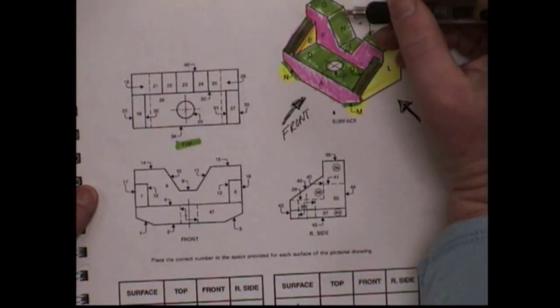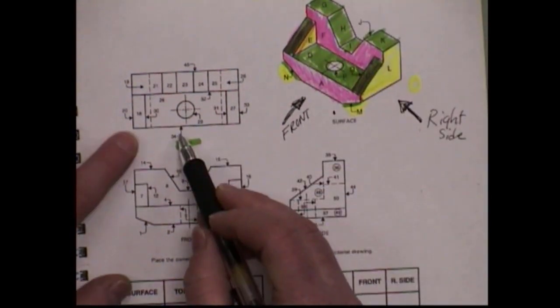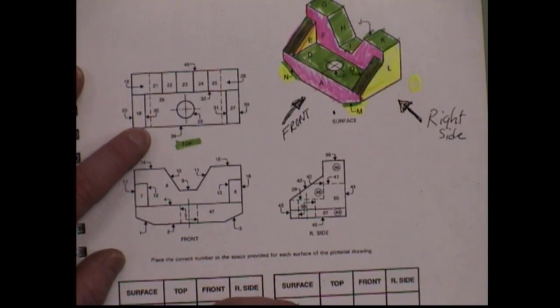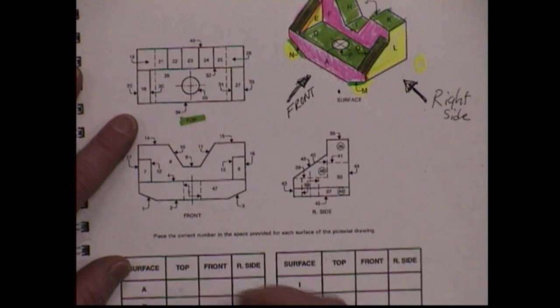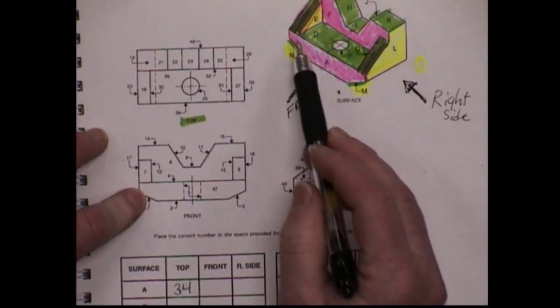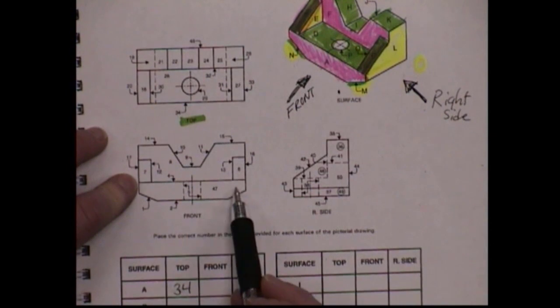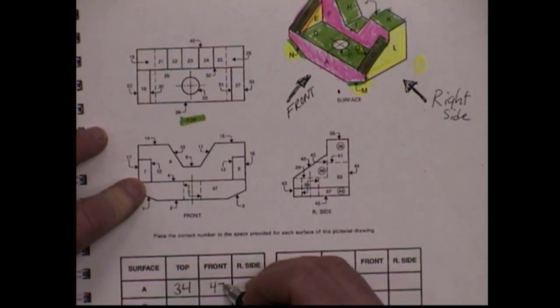So when we look down on it, this appears as an edge. So A is going to be 34 in the top view. So we put 34 in that first line. Now A in the front view, we've got it colored in here, so we know it's this whole big surface. So we can say that A is 47 in the front view.